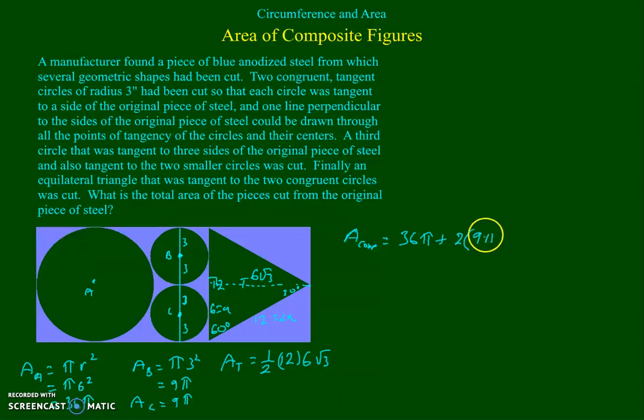So 2 times 9 pi, plus this guy, area of T, which is 1/2 times 12 times 6 square roots of 3. Now we're going to put this into our calculator, and we get approximately 232, rounded to the nearest decimal.